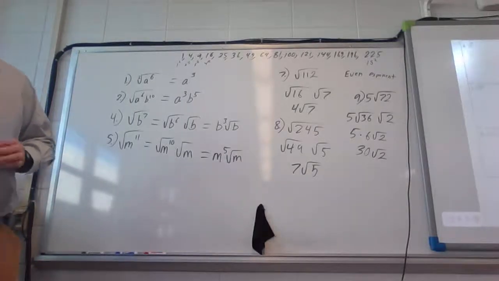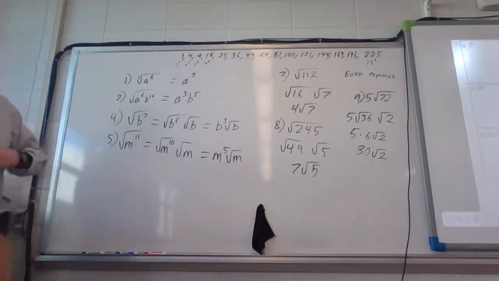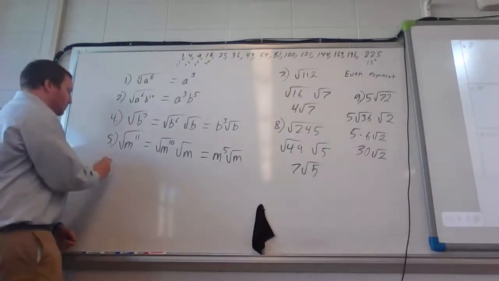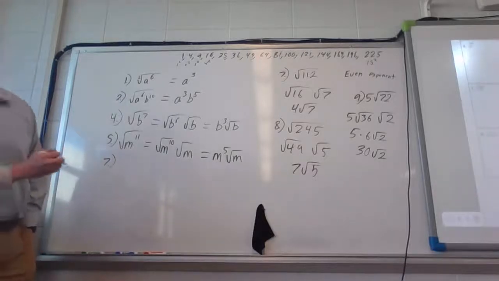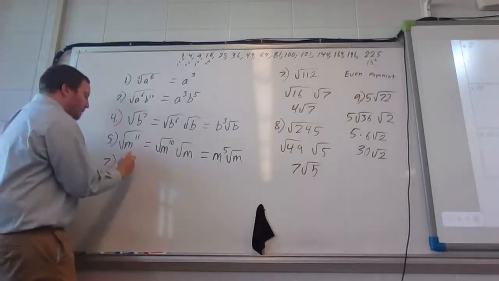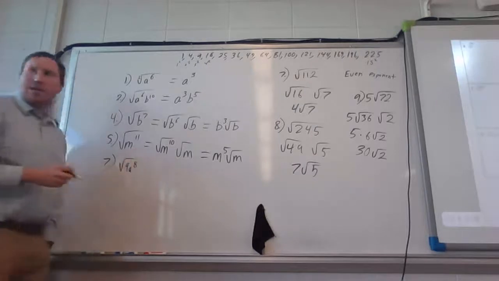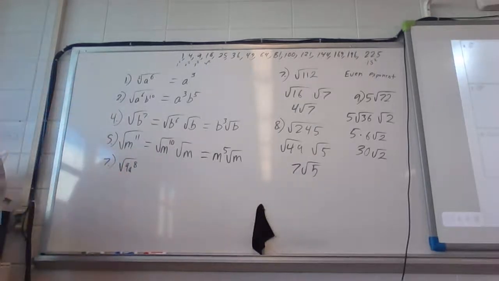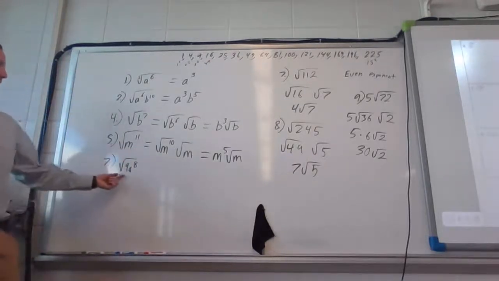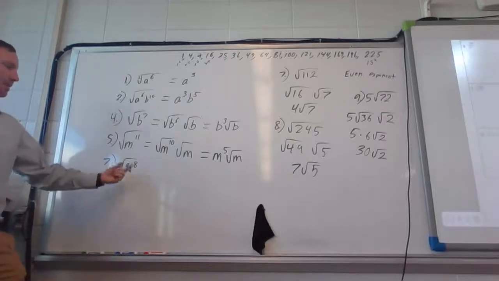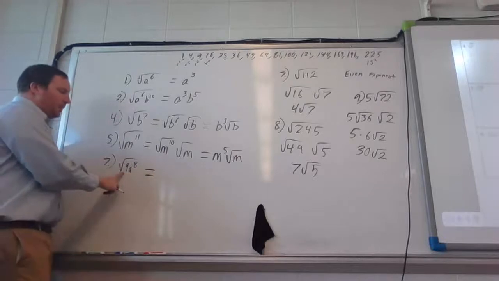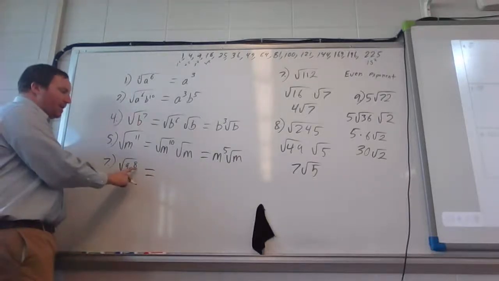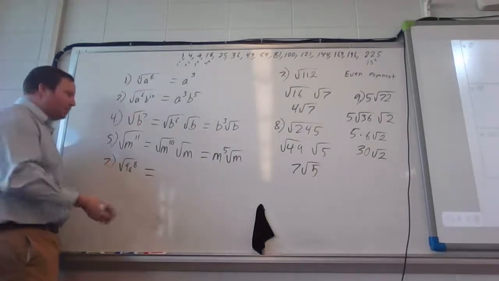So let's look at some of these that have mixtures. So number 7, we've got the square root of 9a to the 8. Even though we have a mixture of numbers and variables, 9 is a perfect square, and a to the 8 is also a perfect square.